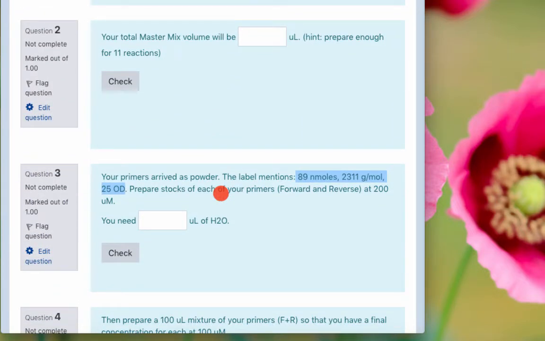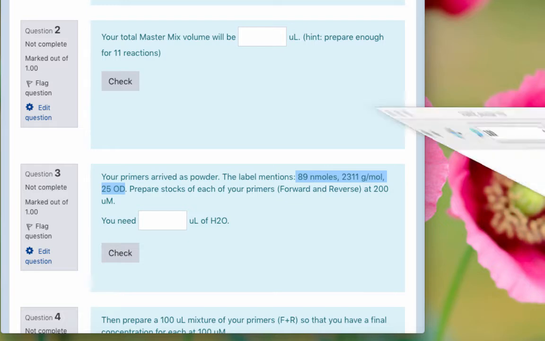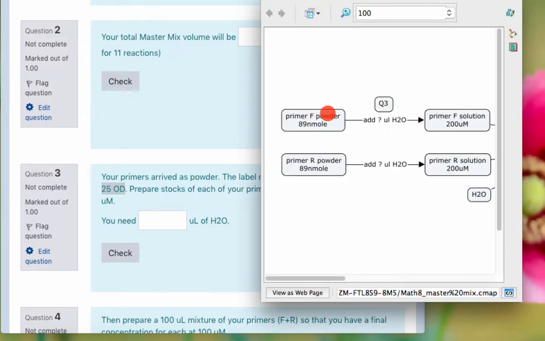In this question, you received primer as powders, and 3 numbers are provided with the powder. So how do you use the primer powder to make a primer solution? I have already mapped this information onto a CMap. Starting with powder, of the 3 numbers in the question, 89 nanomole is the mass.